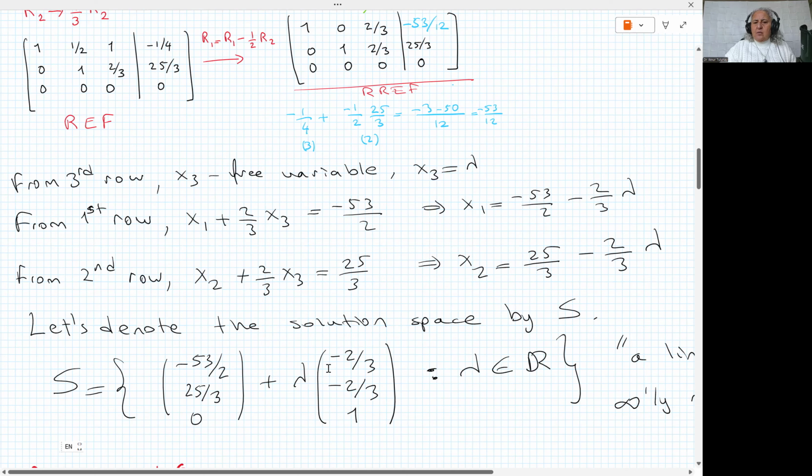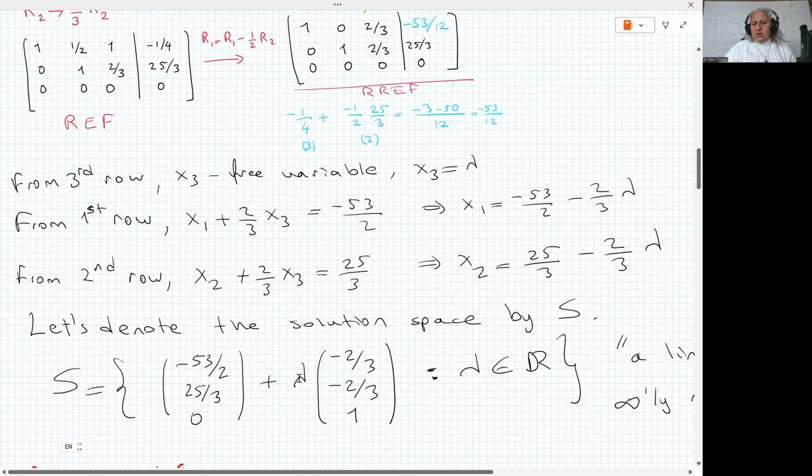And the coefficient of lambda in the x1 equation is minus 2/3, which is this one. In the equation x2, the coefficient of lambda is minus 2/3, which is this one. And the coefficient of lambda in x3 is 1. And there's no constant in x3, so this is why you have 0 here. And lambda is running through all real numbers.